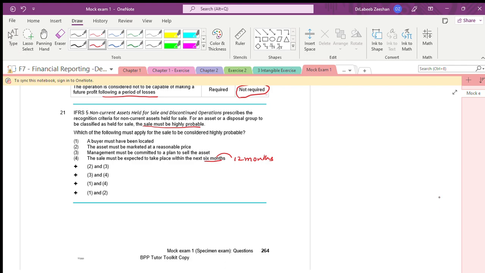Is it right? It is not 6 months, it is 12 months. Automatically option 4 is not there. If 4 is not there, then this will not be there either.